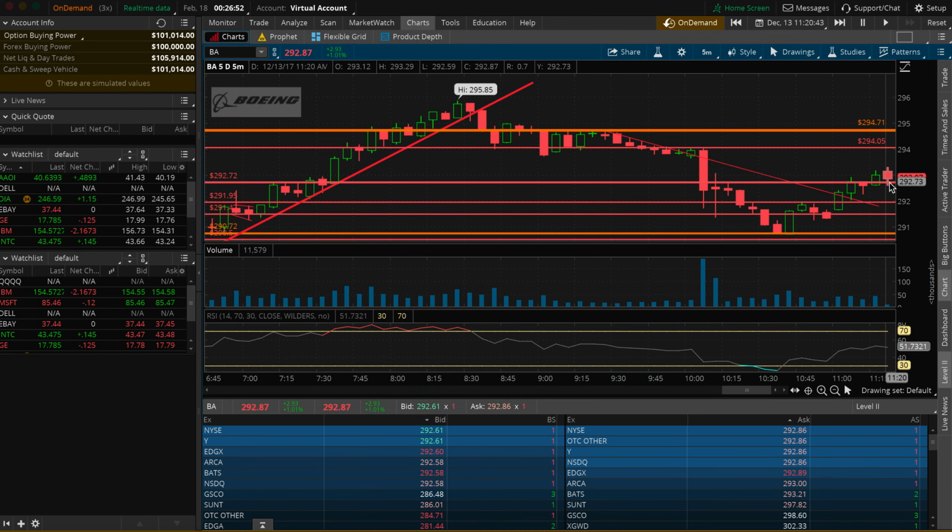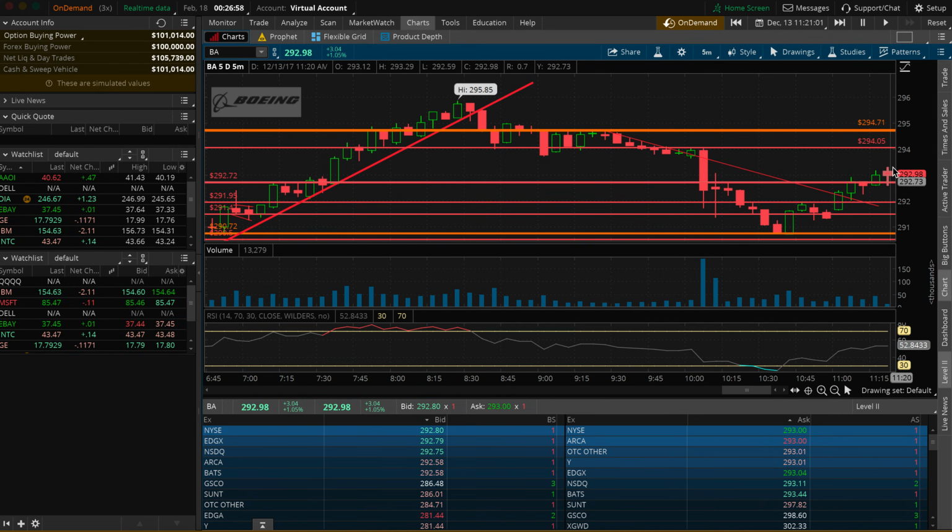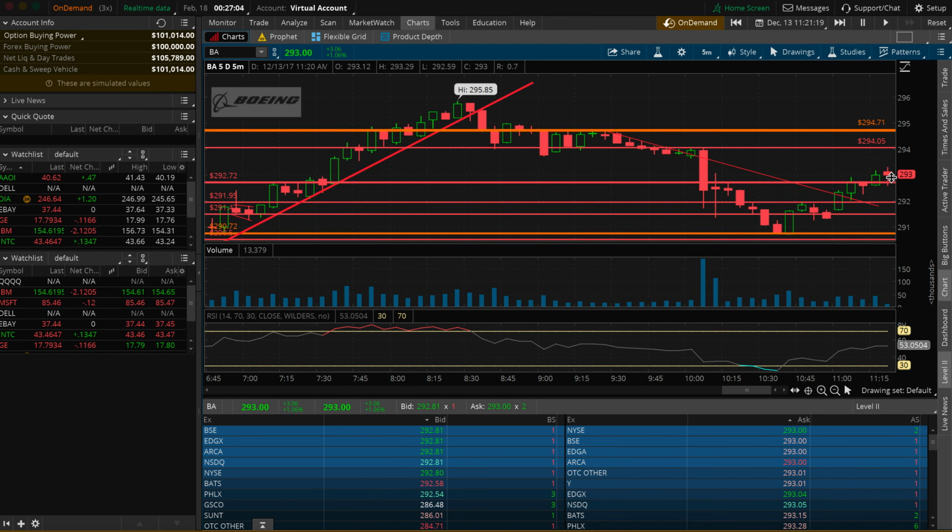So this is support now. It closed above. You could buy 5 more contracts if you wanted. I'm not. Hit support. Comes up. Looks like support's holding. Gotta wait till it closes to find out.